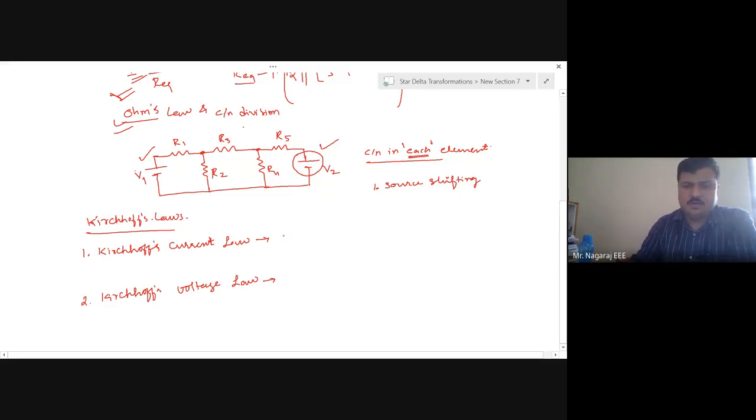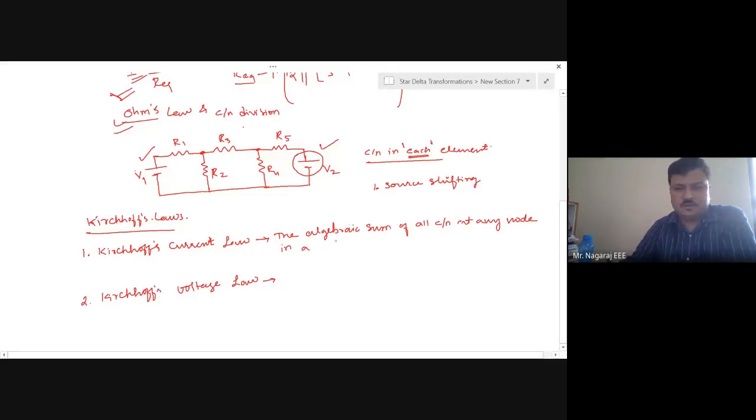The algebraic sum of all currents at any node in a closed circuit is 0. That is very much important.